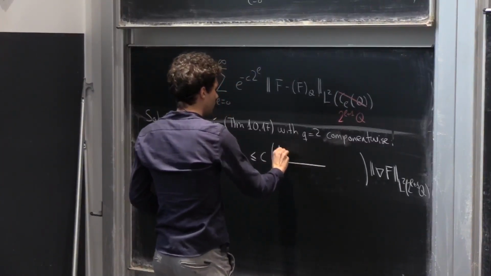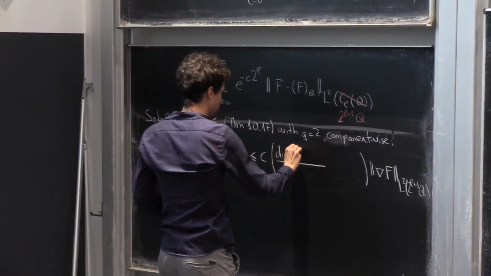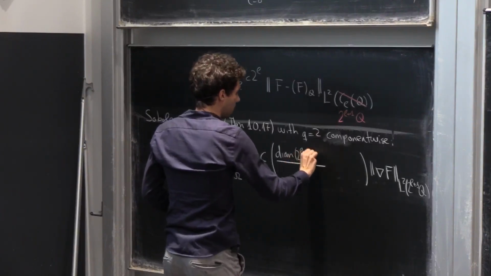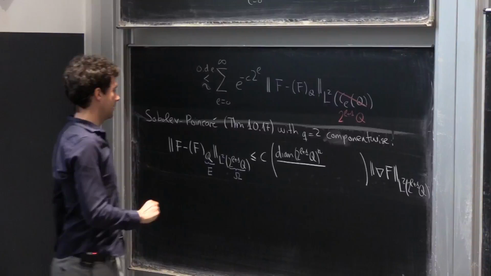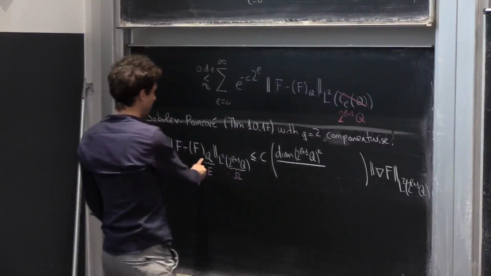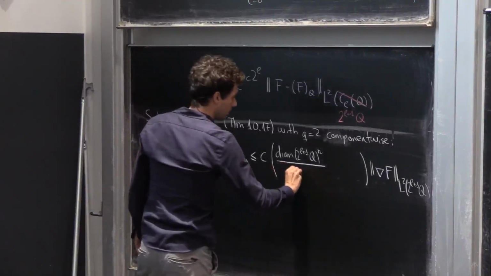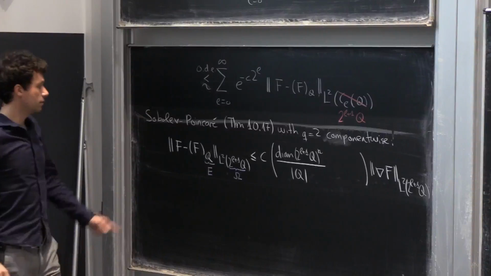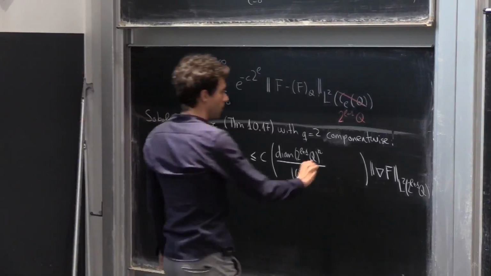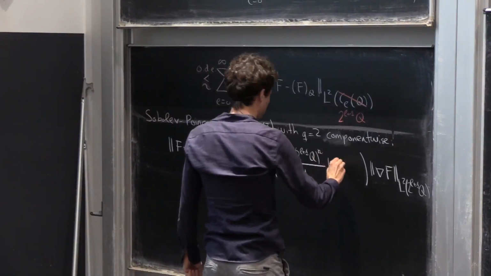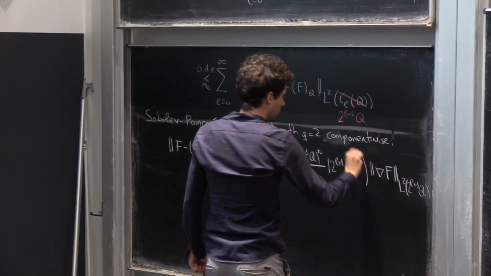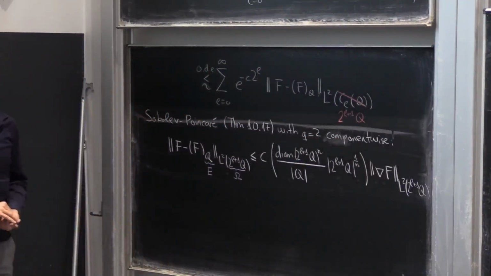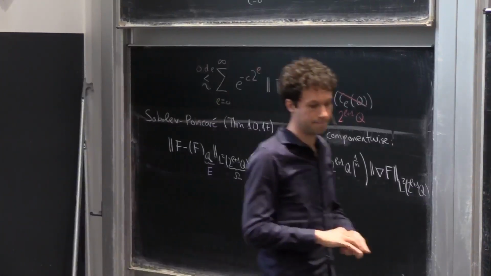We had to compute the diameter of omega to the power n, divide by the measure of E, and then multiply by the volume of omega to the power 1 over n. Just believe me, I know what I'm doing. So this is the Sobolev-Poincare inequality.